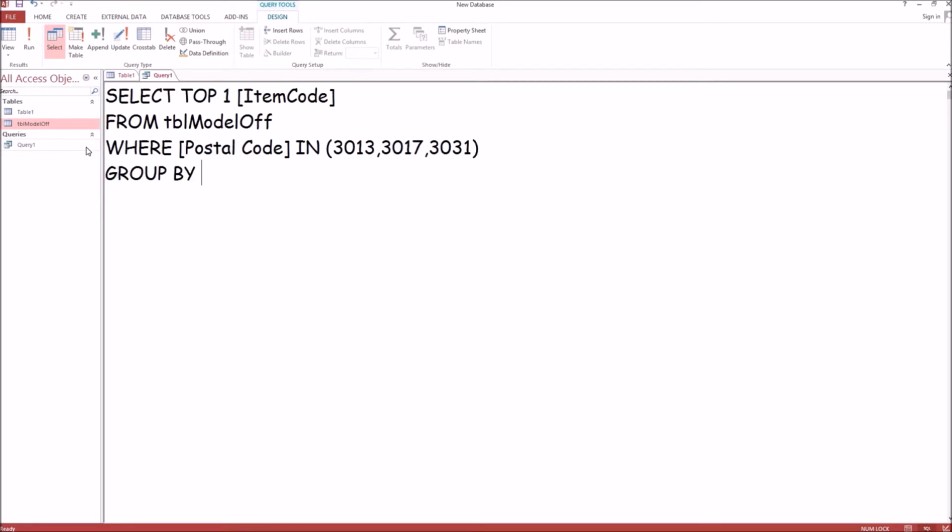We need to group by item code and the months.